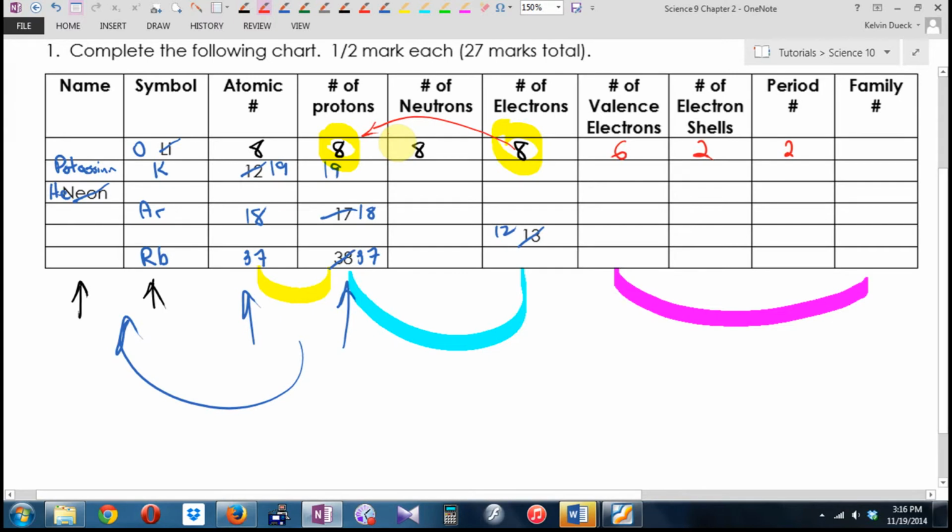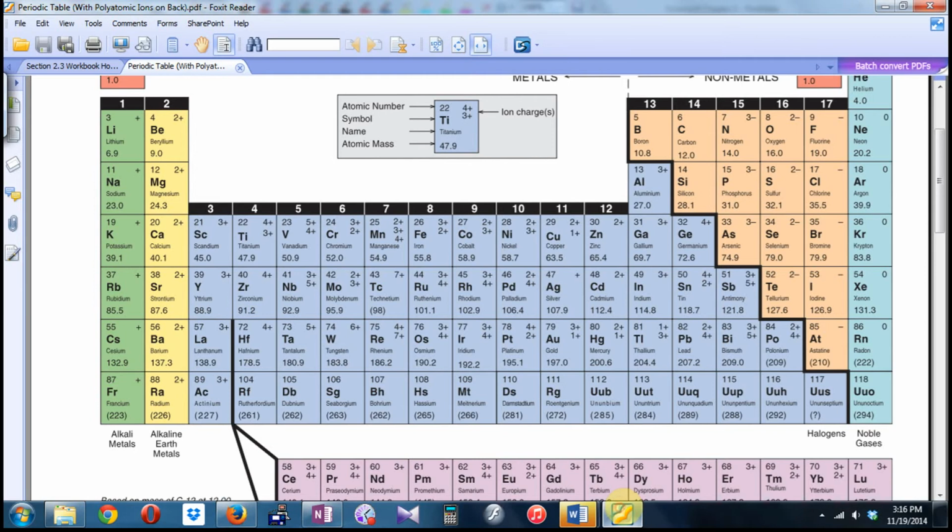Let's do another one. Potassium. Find it on your periodic table. Right here. Okay? How many protons? 19. See where we get that from? You find it, Kiana? And if not, you can look up. Right there. Okay? How many protons? 19.